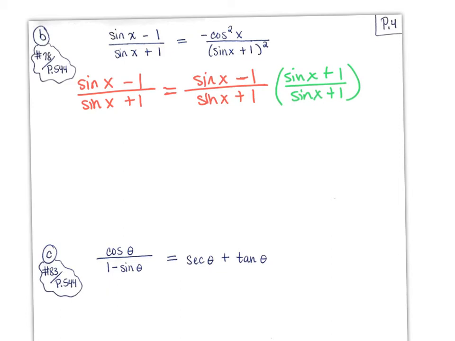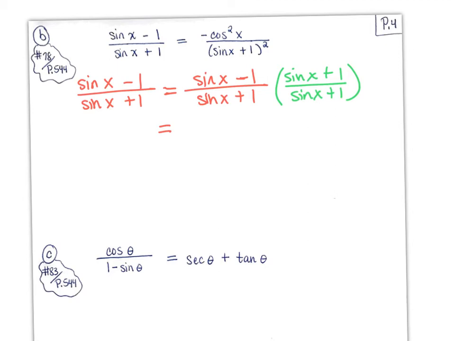Okay, so we multiply it. Multiplying your numerators, notice that you have sine x minus 1 here, sine x plus 1 here. So what's going to happen to the outer term or the inner term when you use the FOIL method to multiply the numerator times the numerator? They cancel. Good.